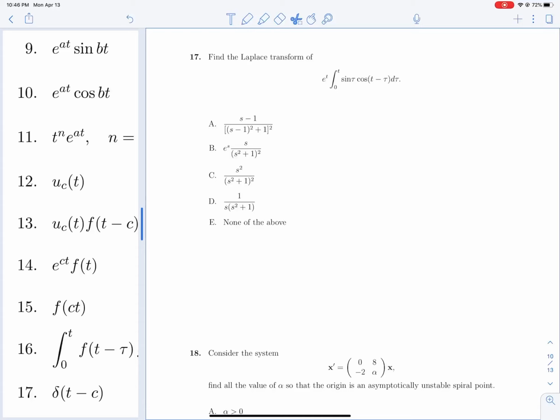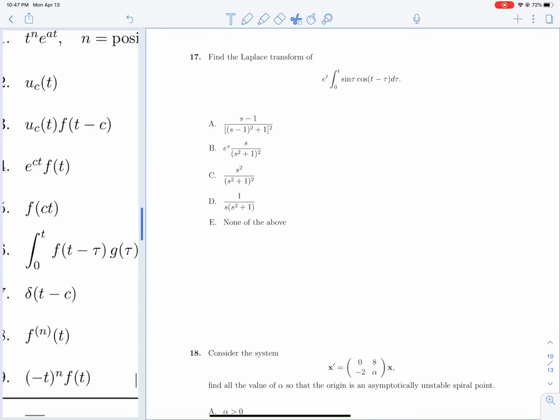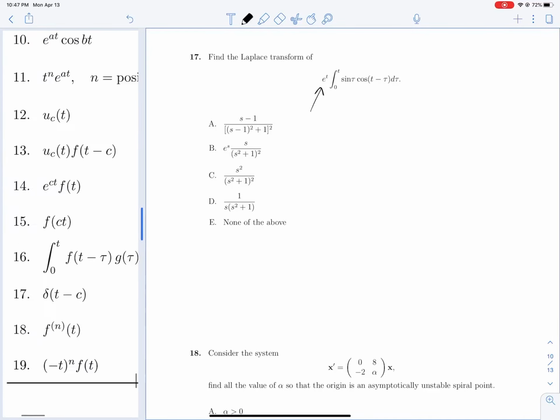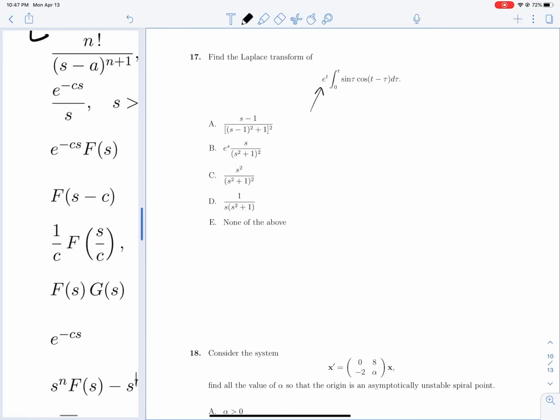We have e to the t times something we're familiar with, an integral from 0 to t of some function of tau times some function of t minus tau. So we have to use the rule on the outside here that the Laplace transform of anything multiplied by e to some constant c times t will just give us the normal Laplace transform of f of t, but we replace all of our s's with s minus c.